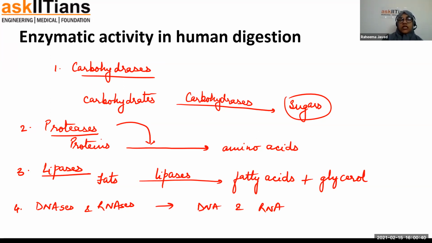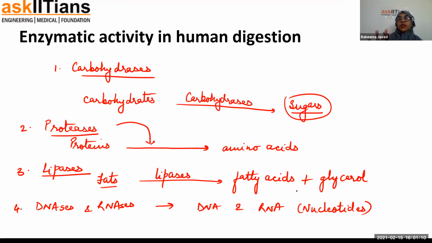So, DNases will convert DNA into its corresponding nucleotides, and RNases will convert RNA into its corresponding nucleotides. So, sugars are the monomers of carbohydrates, amino acids are monomers of proteins, fatty acids and glycerol are monomers of fats, and nucleotides are the monomers of DNA and RNA.